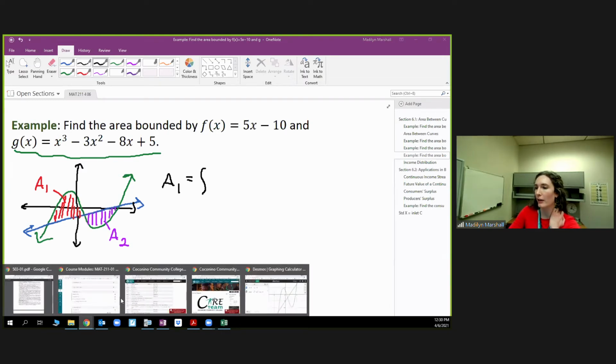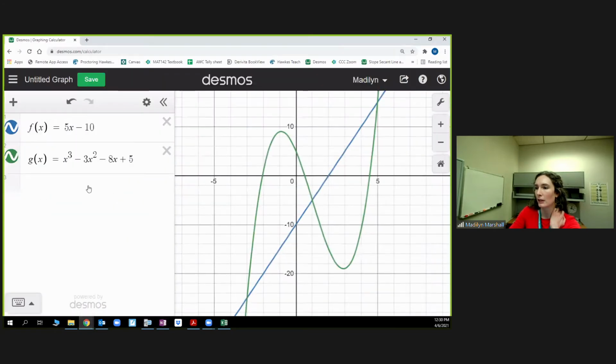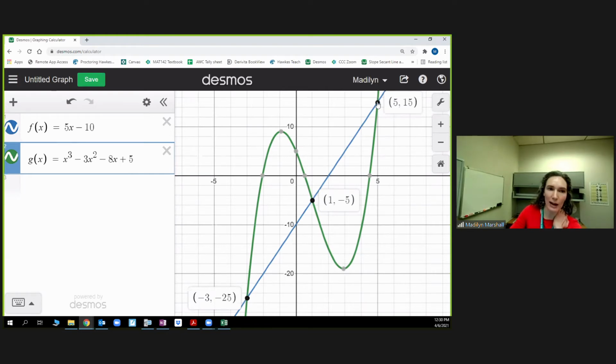So going back to the graph, this bottom one is happening at -3. So that's our smallest x. And then this middle intersection happens at 1. And then this last one happens at 5. So we don't care about the y values at those points. We only care about the x's. So -3, 1, 5.